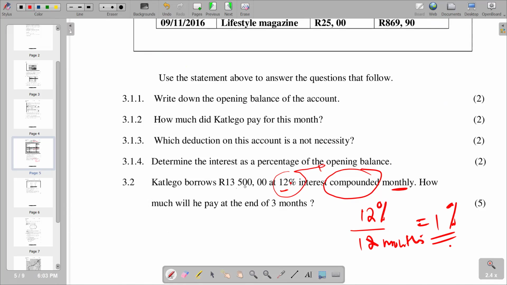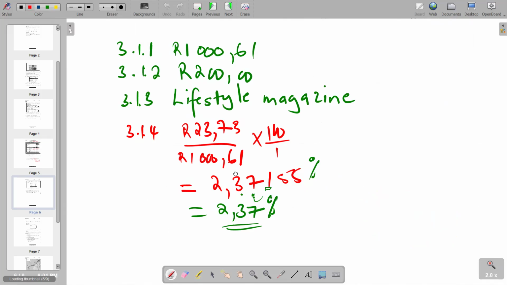Then the amount that we get, we add to 13,500 to get the total after interest at the end of the first month. The 1% that we've added to 13,500 also accrues interest again in the second month. So we multiply by the total that we got in the first month to get the interest for the second month. We can try to do that as we calculate. That is our 3.2.